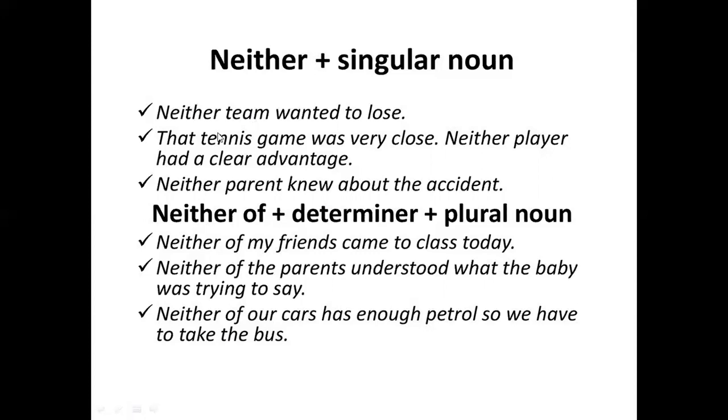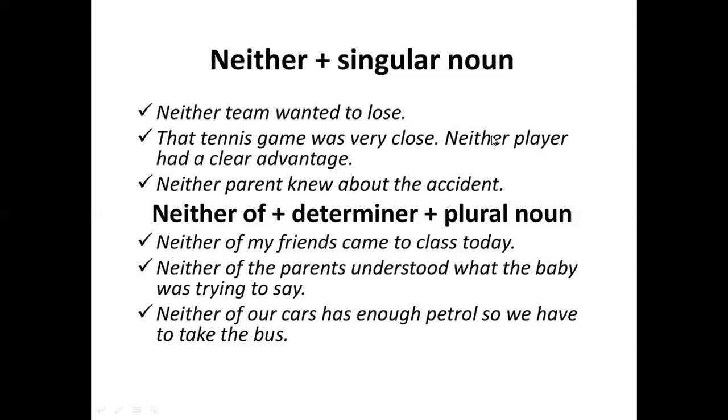Here we have, that tennis game was very close. Neither player had a clear advantage. So this is like a synonym of no. No player had a clear advantage. So in the case of the determiners, there are many synonyms.